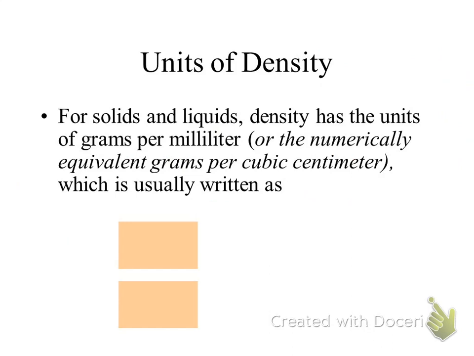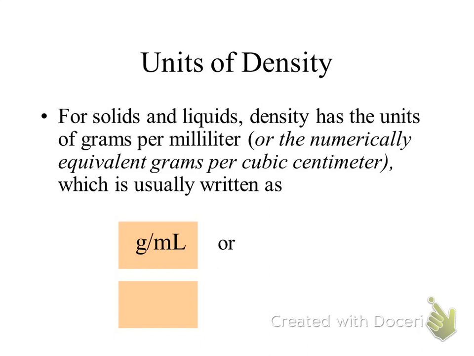All right. So picking on density. If density is a ratio of mass to volume, we are going to focus a lot on units in here. So units of mass are going to be grams, for sure. Now the units of volume, especially for density, oftentimes are liters, specifically milliliters for liquids.